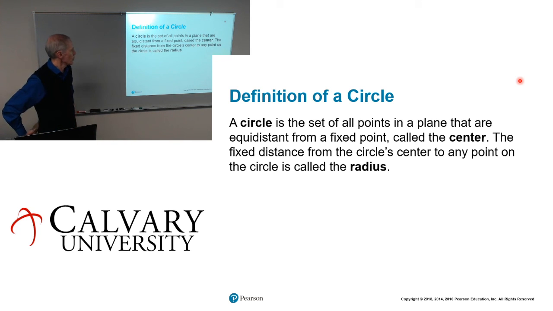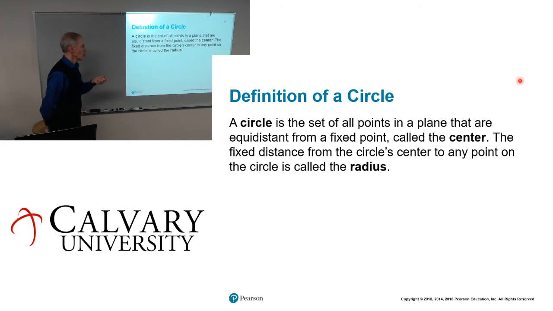And it's interesting to ask people, and I do this in high school geometry classes, what is a circle? And even though everybody knows what a circle is, to formally define it is a little bit of a challenge until you see what it is.